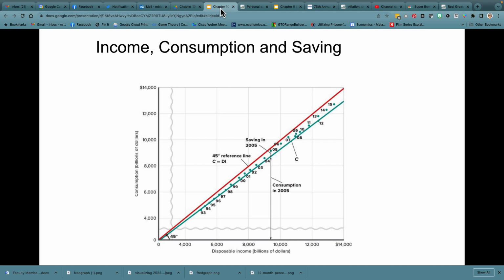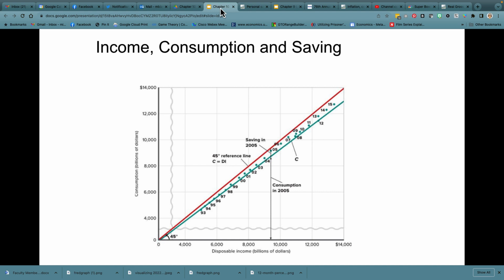So first, let's look at a figure that shows us this very strong direct relationship between disposable income and consumption spending. So what we're looking at here is data for the U.S. for the years 1987 to 2015. And you can see, first of all, that 45-degree reference line, that red line, that is where consumption equals disposable income.